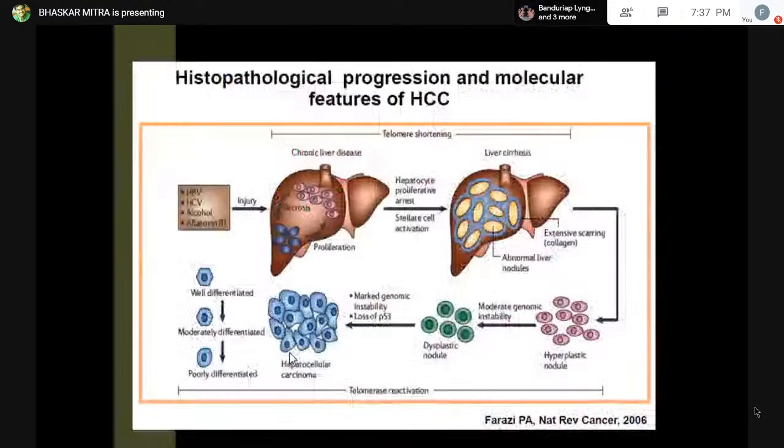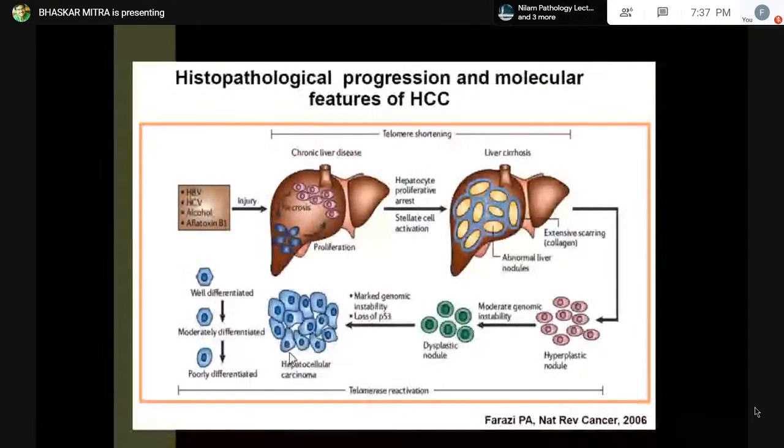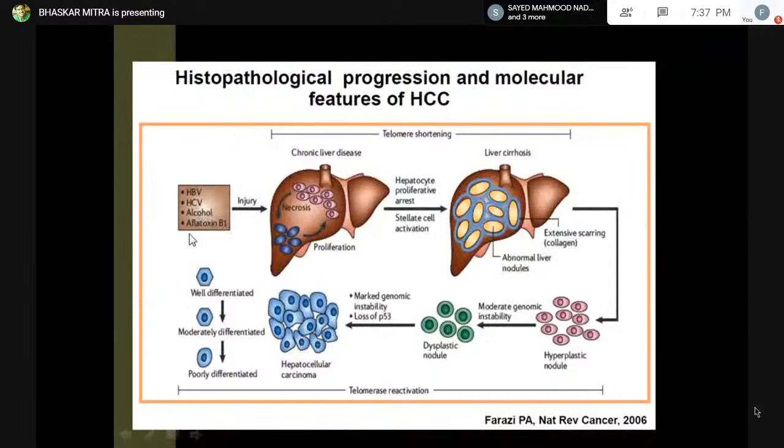Now, this is the pathogenic pathway of how liver lesions develop. Initially, there may be pathogenic conditions like different toxic materials, drugs, or viral infections that cause injury to the liver, and that injury may lead from acute to chronic liver disease, where there is simultaneous proliferation, necrosis and destruction of the hepatocytes.